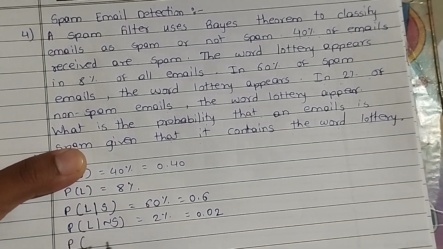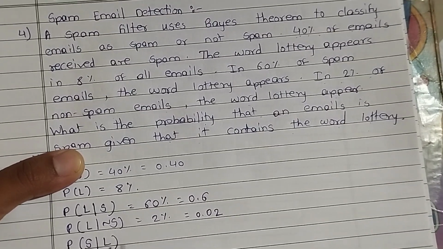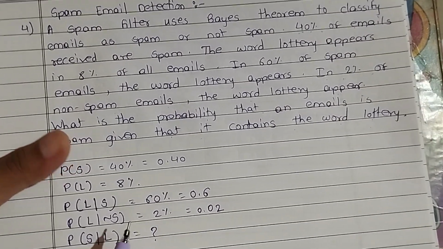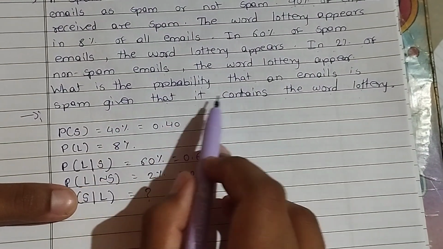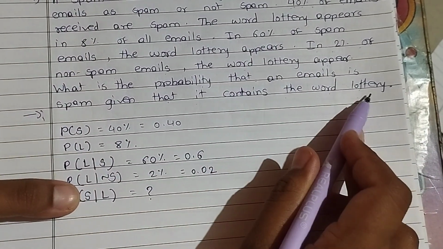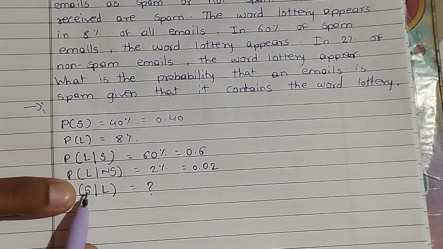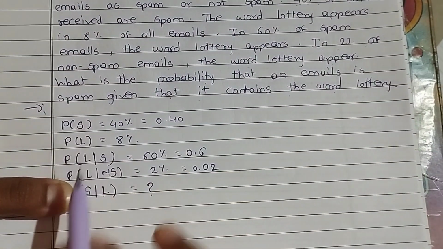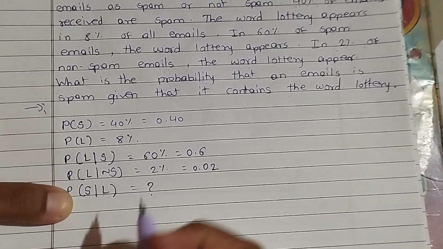It is clearly mentioned, given that it contains the word lottery. What we want to find is the probability of a spam email given the lottery word.